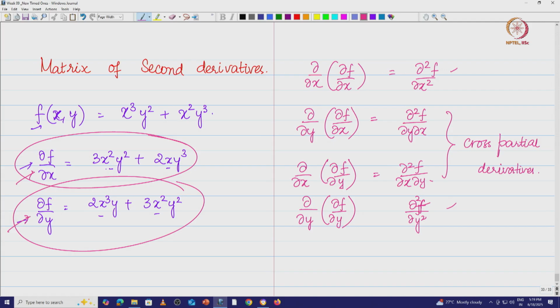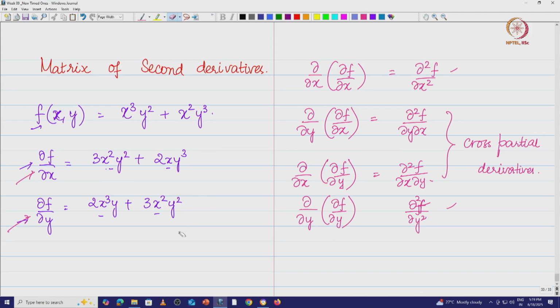So, how are we going to arrange all these things? With respect to this function, let us first calculate all these, and then we will see something interesting here. What is the second derivative of this with respect to x and y? Now I am going to look at two partial derivatives here and two partial derivatives for this.